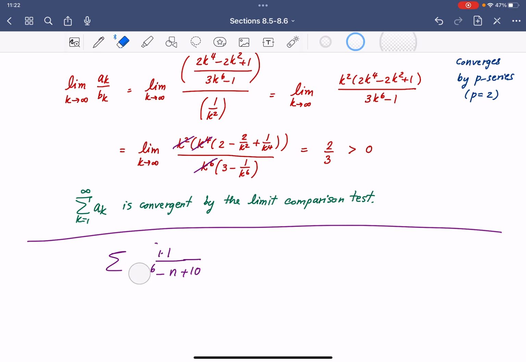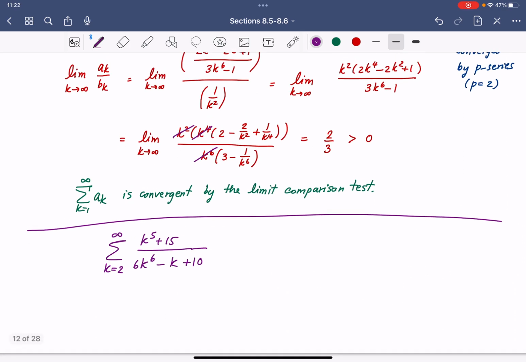Let's use k. k to the 5th power plus 15, for example, over 6k to the 6th power minus k plus 10, k starting from 2 to infinity. Suppose that you have this one. You have to use the limit comparison test, right? Because you can see that the highest degree is unbalanced. So this is going to be your ak.